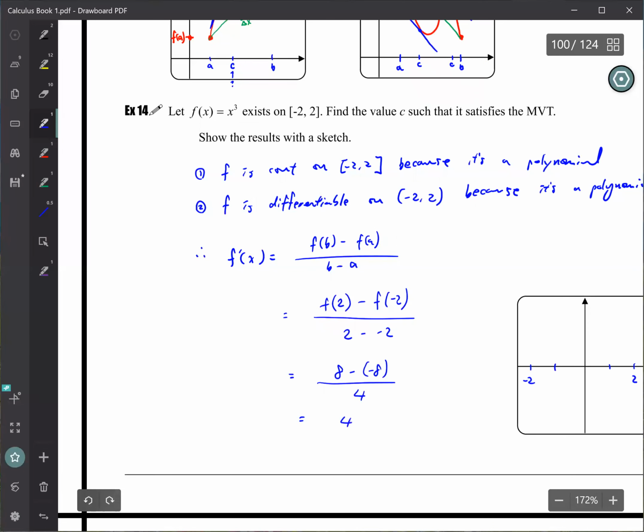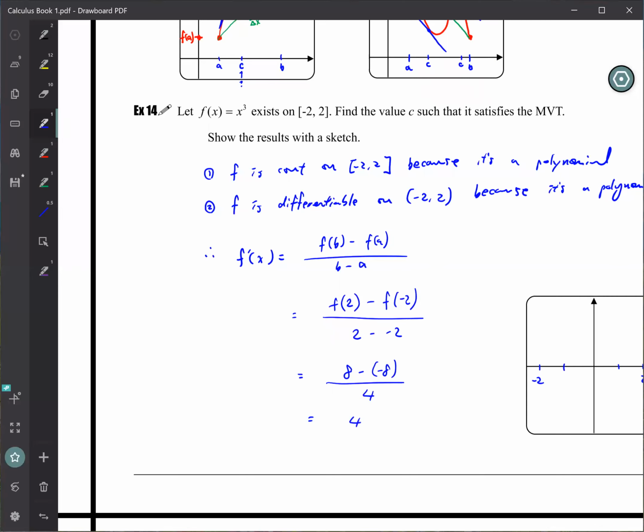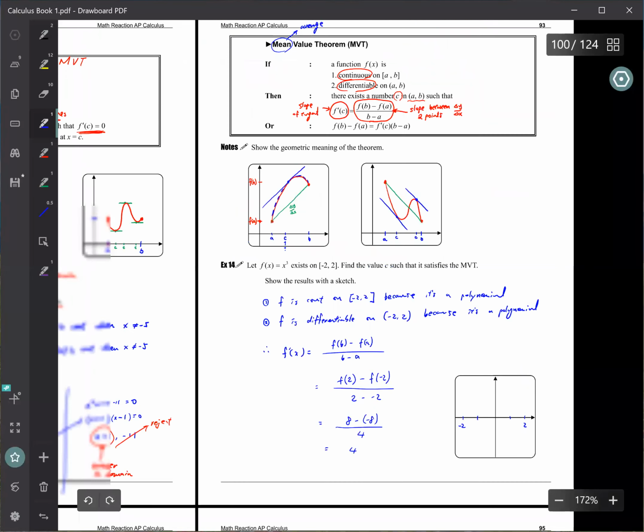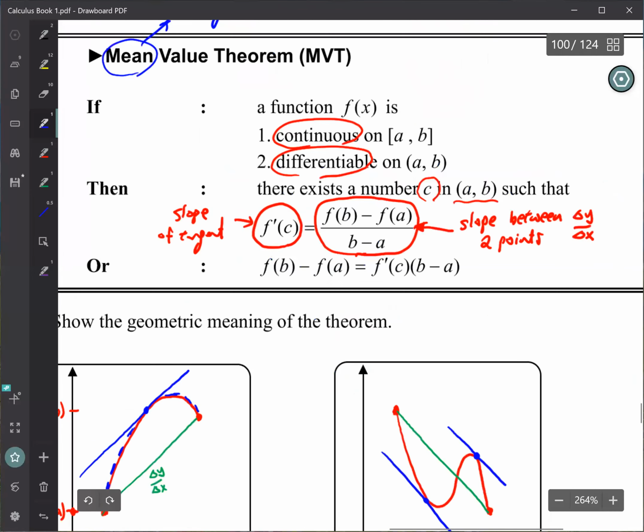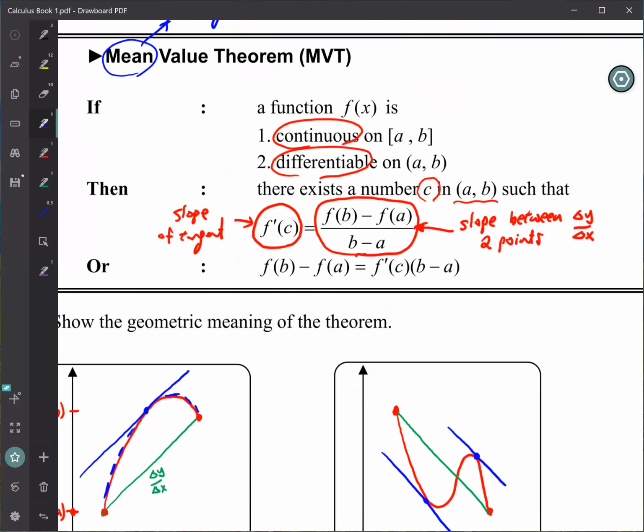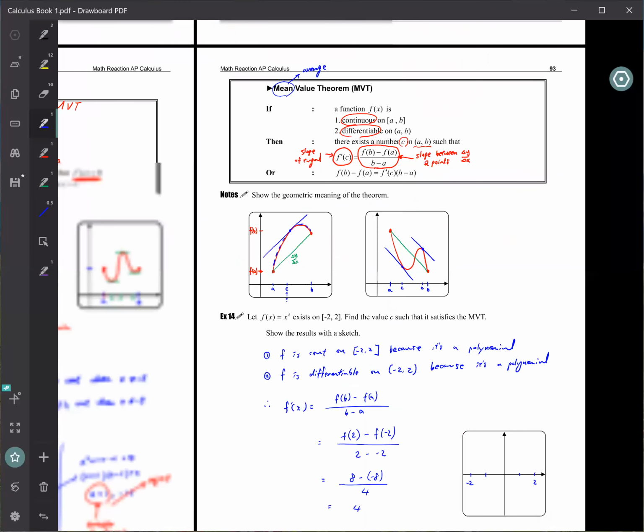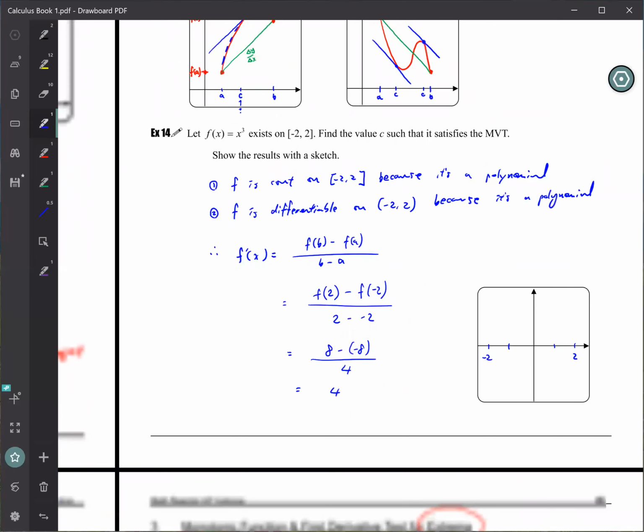Now the left side is the slope of tangent, right? Take a look at the formula. Right side is rise over run. Left side is the prime, right? So I need to prime the function. The prime of that is pretty easy.